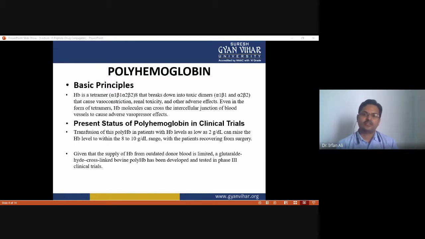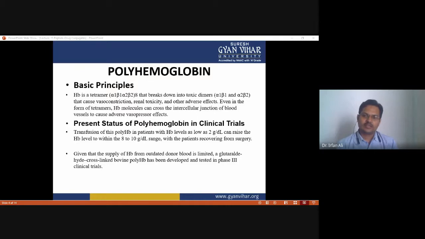The transfusion of this polyhemoglobin in patients with hemoglobin levels as low as 2 gram per dl can raise the hemoglobin level to 8 to 10 gram per dl while the patient is recovering from surgery. Normally, patients with a hemoglobin level of less than 3 gram per dl do not survive, because they do not have sufficient transport of oxygen and carbon dioxide.